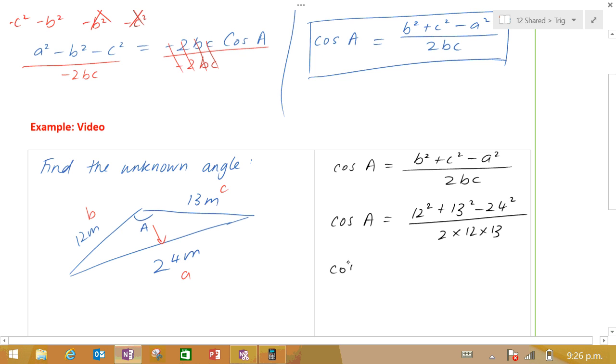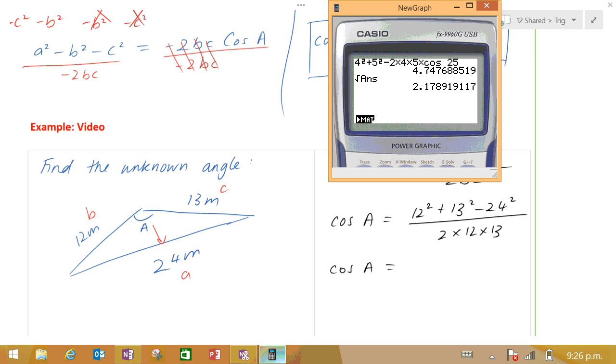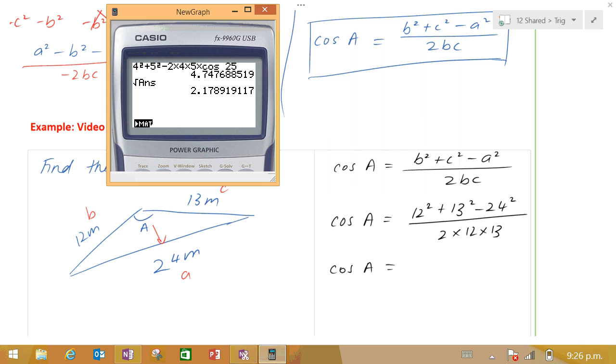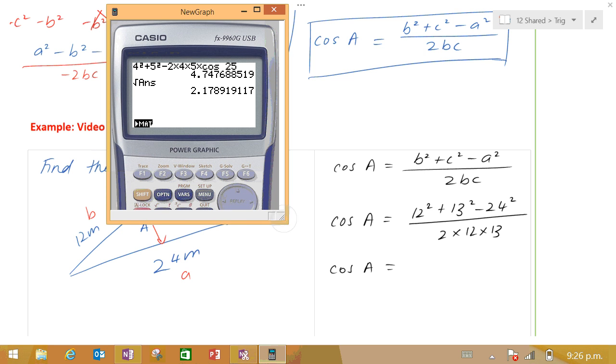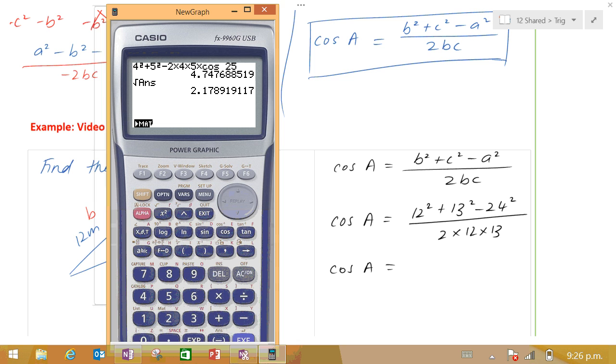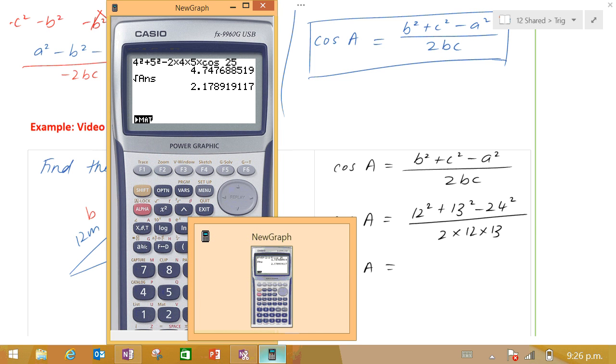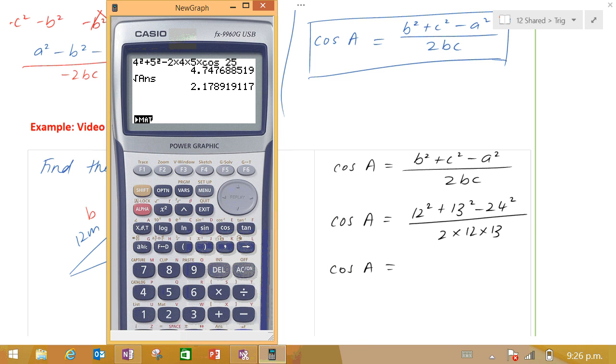And so cos A is going to be equal to, and this is where we need our calculator. Here we go. Okay, so we've got 12 squared plus 13 squared minus 24 squared.